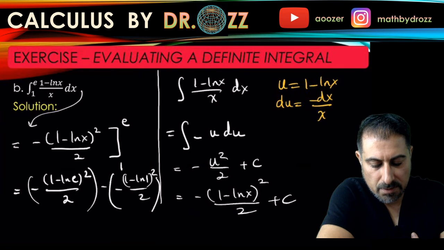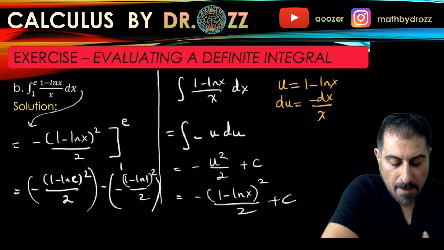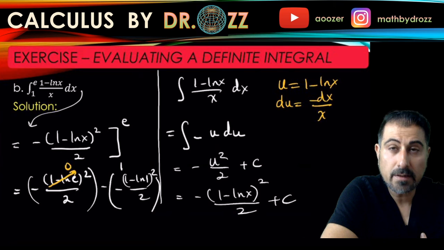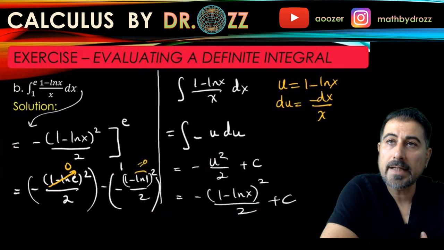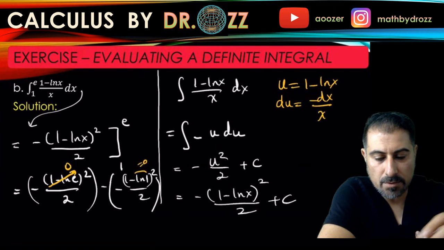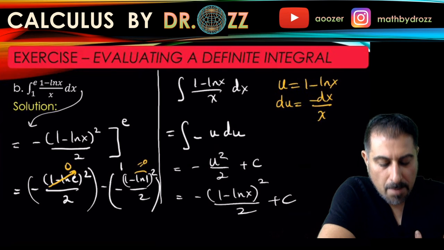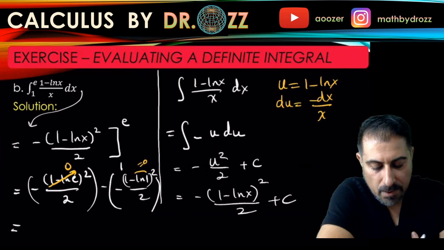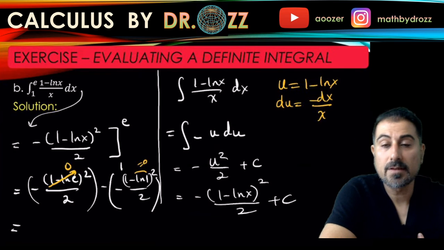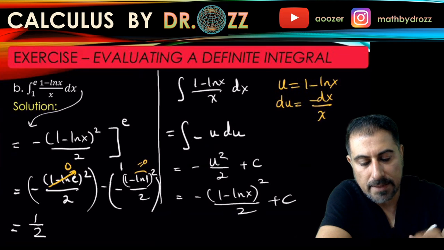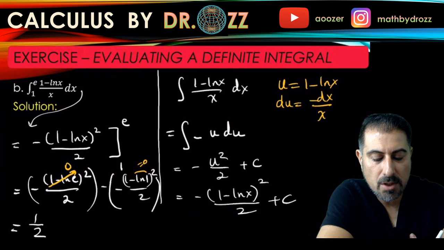So this is going to be 0, right? And ln 1 is 0. So it turns out that the result here is going to be minus negative 1/2, which is in fact 1/2. I can go back and write that this is equal to 1/2.